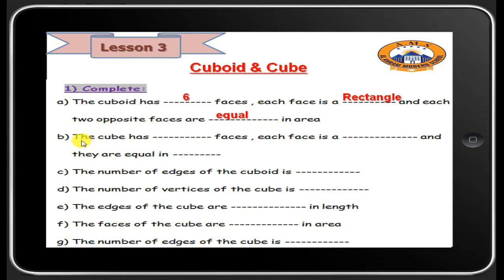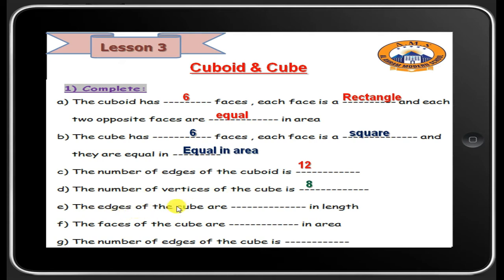Another question: the cube has also 6 faces, but in the cube each face is in the shape of a square, and they are equal in area. Question C: the number of edges of the cuboid. Yes, the edges of the cuboid are 12 edges. And the number of vertices in the cube, excellent, they are 8 vertices.